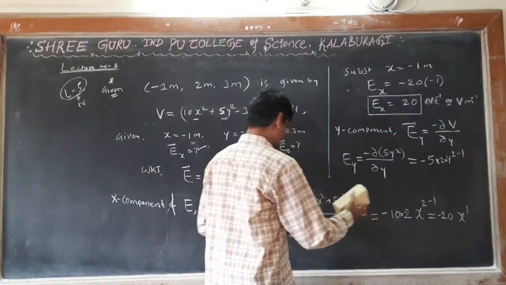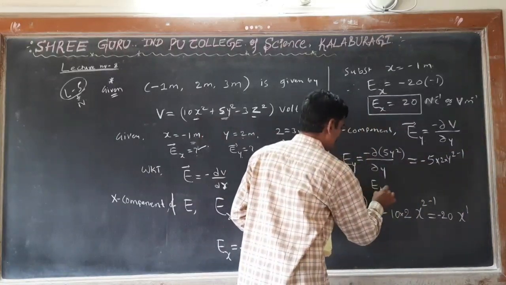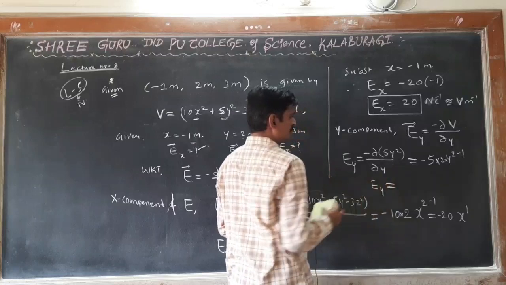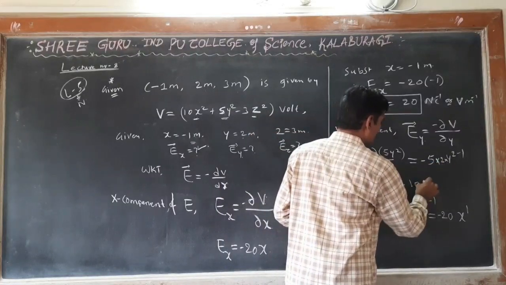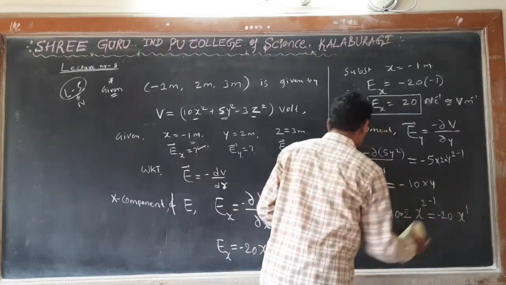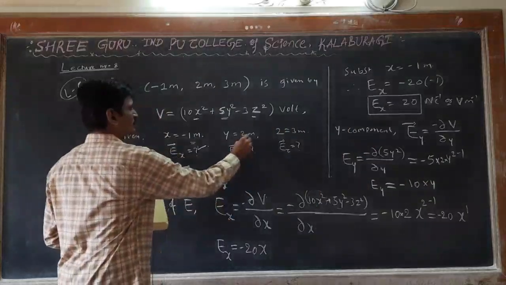So you will get y raised to 2 minus 1. Ey is equal to minus 5 into 2, that is minus 10 into y. Now substitute y is equal to 2 meter.